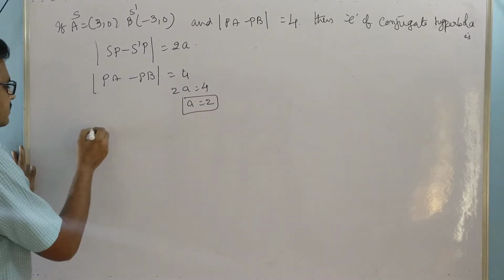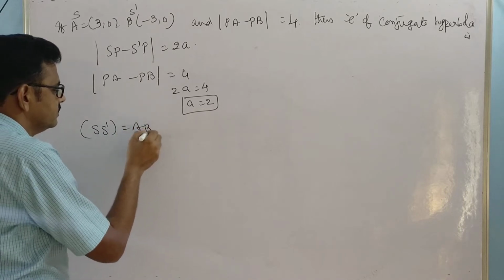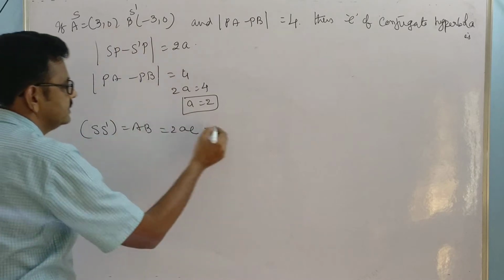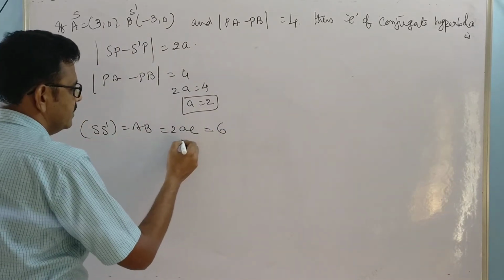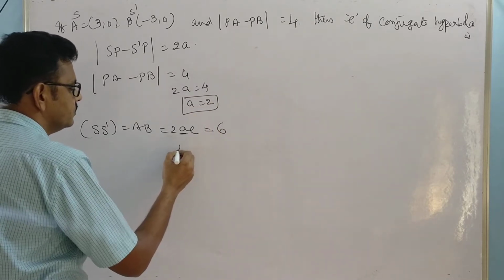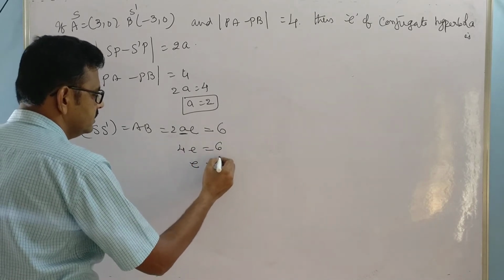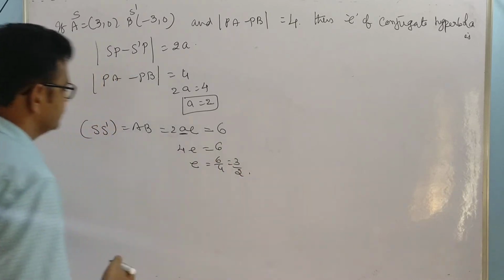Now the distance between the coordinates of foci, AB, is equal to 2ae. What is the distance between these two? 6. Therefore, 4e is equal to 6, e is equal to 6 by 4, that is 3 by 2, the eccentricity.